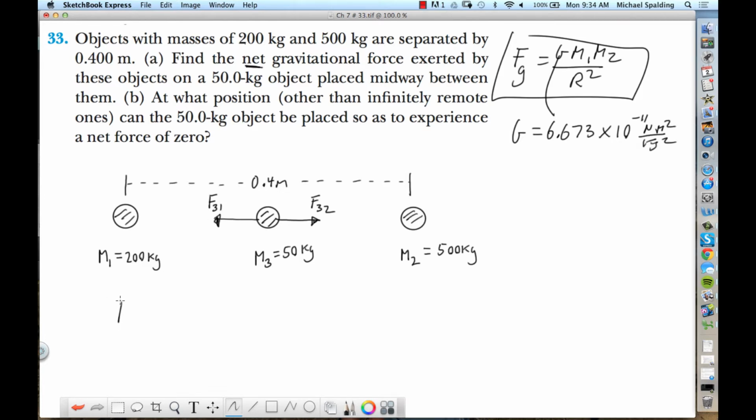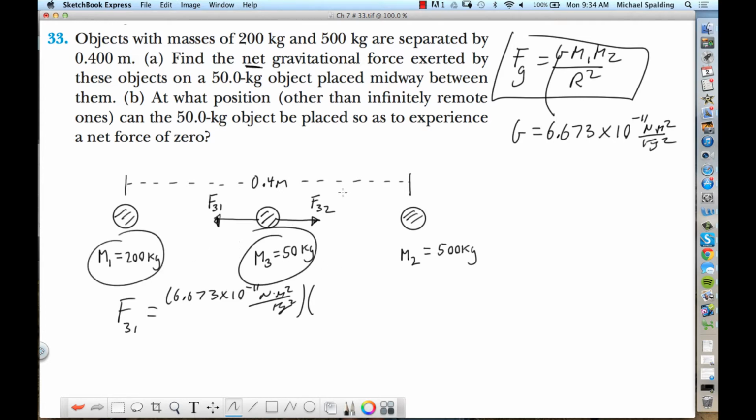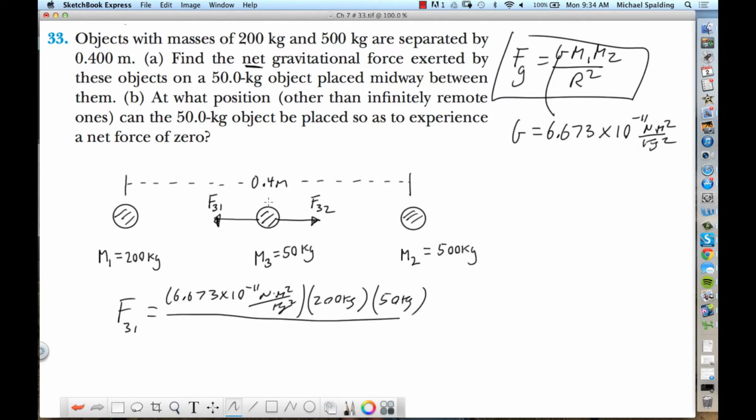All right, so here we go. Let's find F31. We'll find what each of these forces are. F31, so I'm just plugging into this equation. 6.673 times 10 to the negative 11 Newton meter squared over kilogram squared. So the two masses here, we want this mass and this mass. Okay, M1 and M3. So that's going to be 200 kilograms and 50 kilograms, right? We're finding the force between these guys. And then what's the distance separating them?